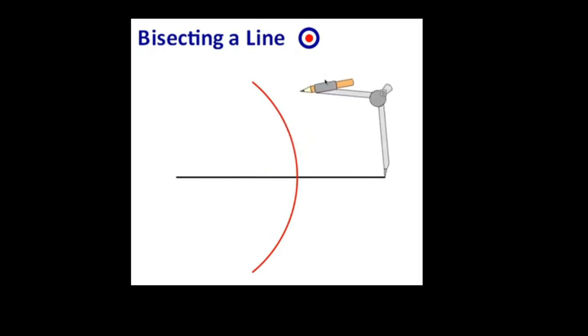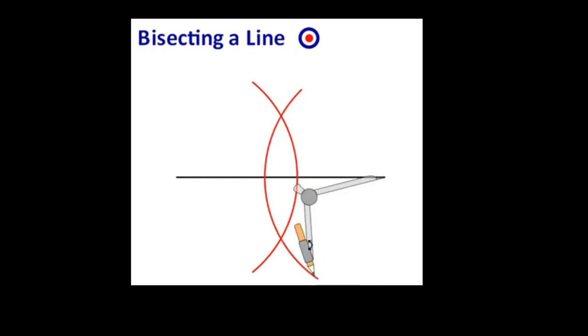Now this arc will intersect the previous arc drawn from point A, and we will get the diagram as this.